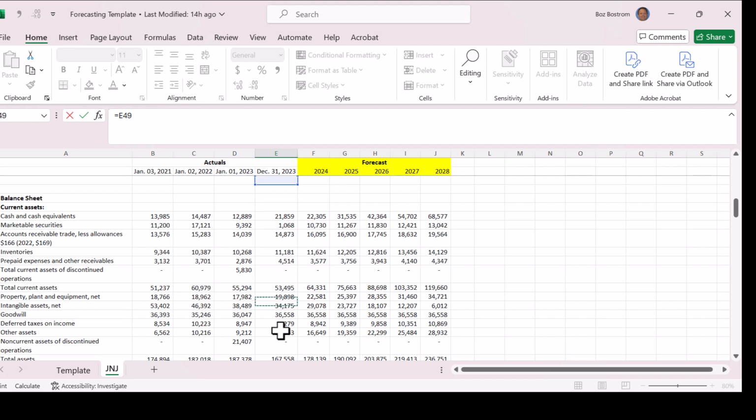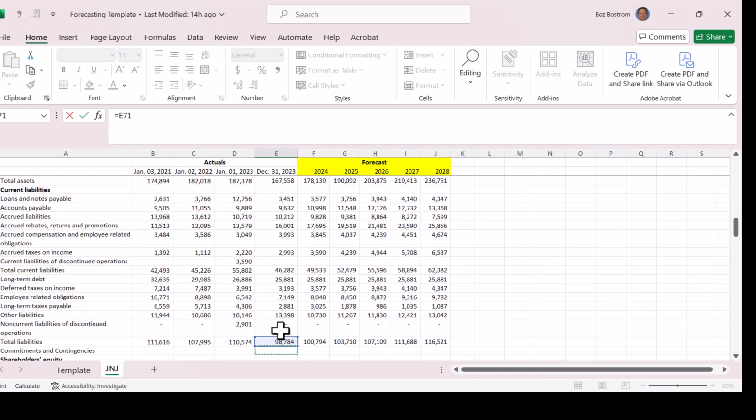So I'm going to go equals. I'm not going to do debt amounts because I'm going to account for those elsewhere. I'm going to do accounts payable, accrued liabilities, accrued rebates, returns and promotions, accrued compensation, plus accrued taxes on income. Sometimes I could have used a summary right here.